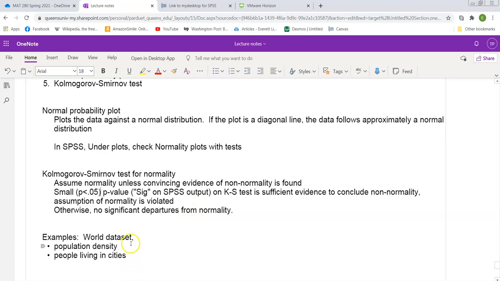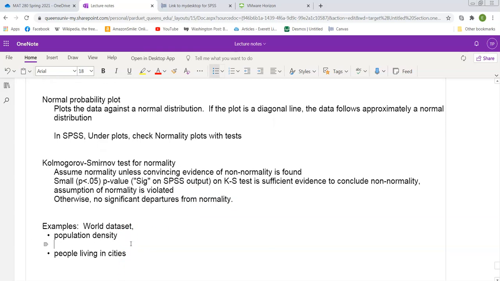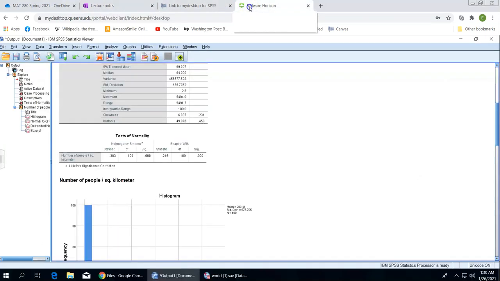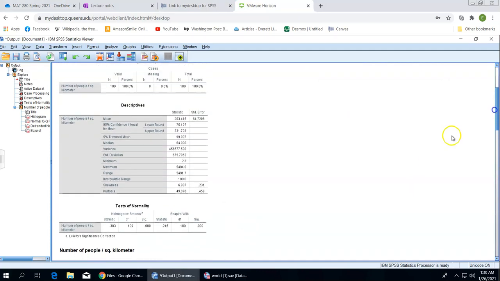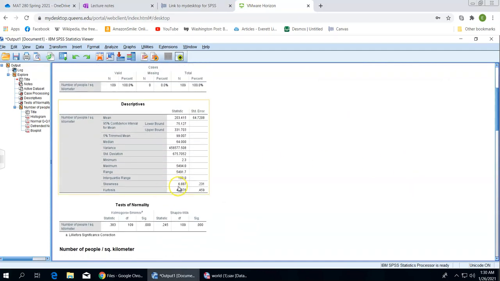So if we look at all of this together, we've got highly skewed according to the histogram. We've got a skewness value of 6.887.